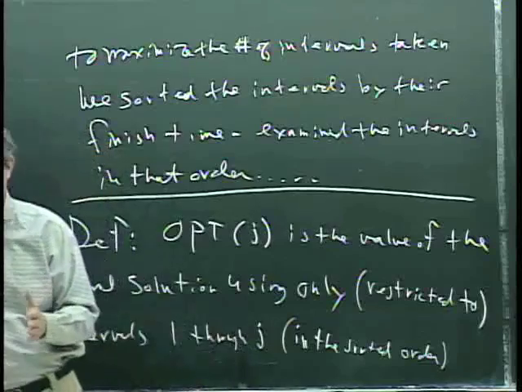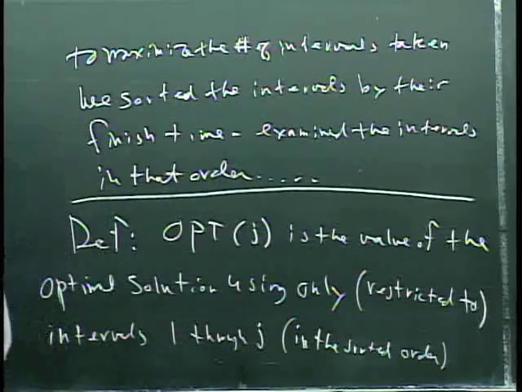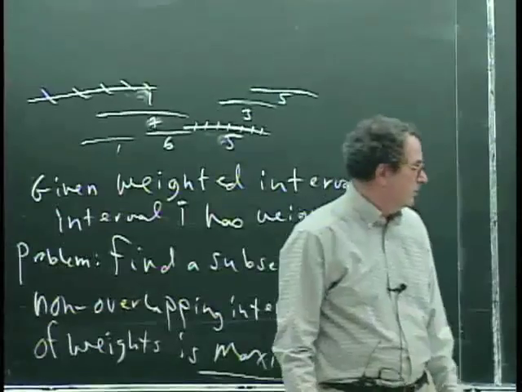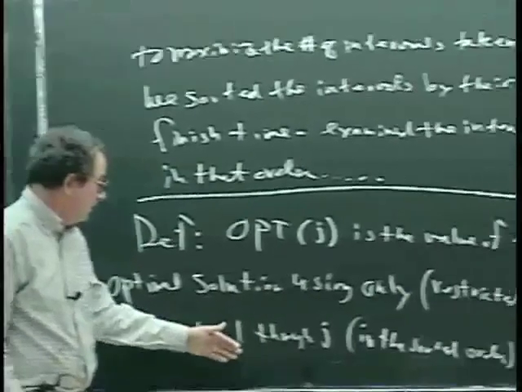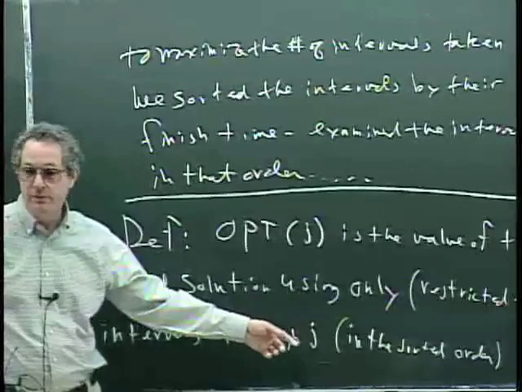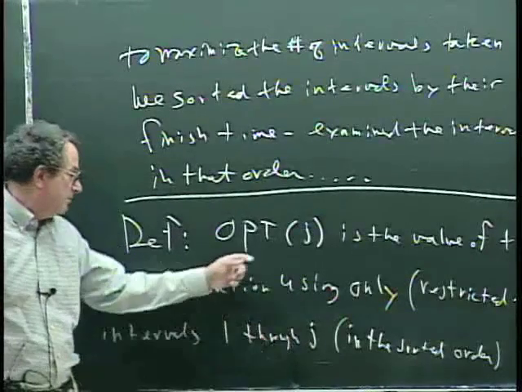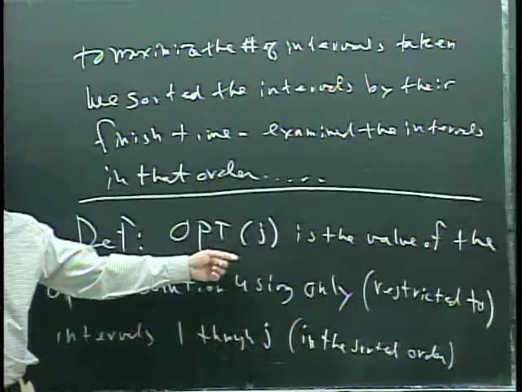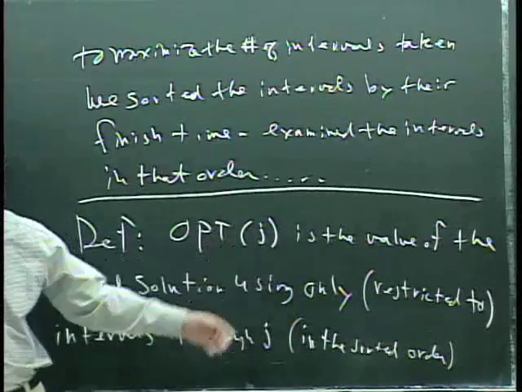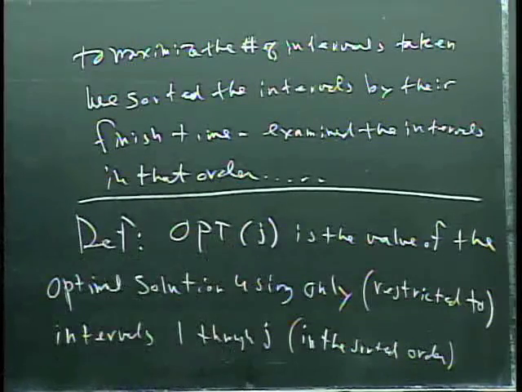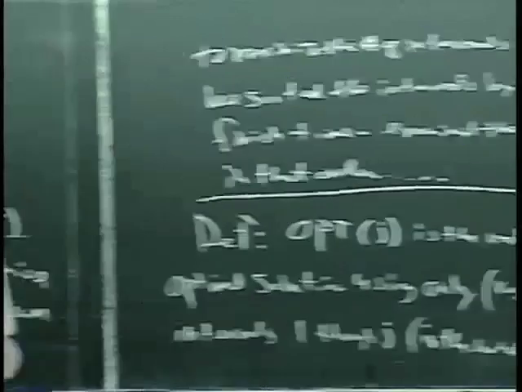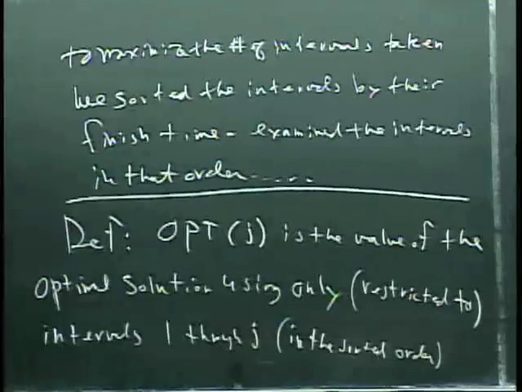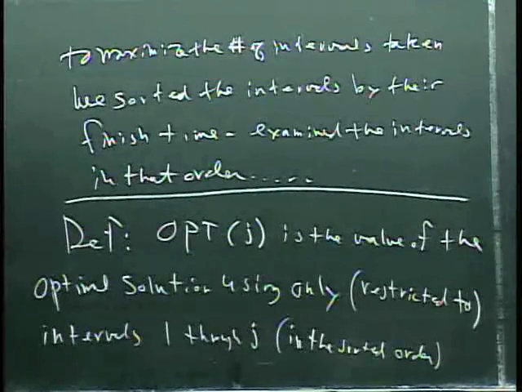So you have a subproblem of finding the best set of non-overlapping intervals, maximizing the total weight or total value of those intervals, but only considering intervals 1 through interval j. So now I'm asking, what is opt of 1? If you only consider interval 1, what's the best you can do? Yeah, just take interval 1. There's no issue of overlapping. And we've assumed that these are positive weights so that you get some value out of that.